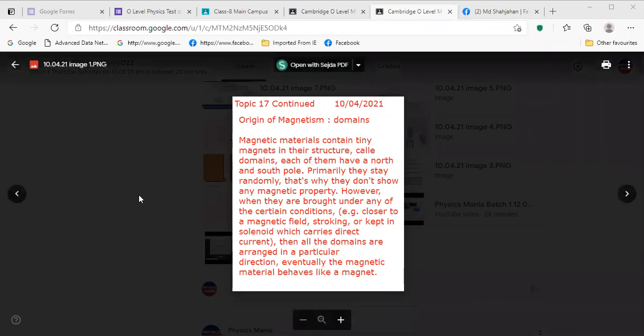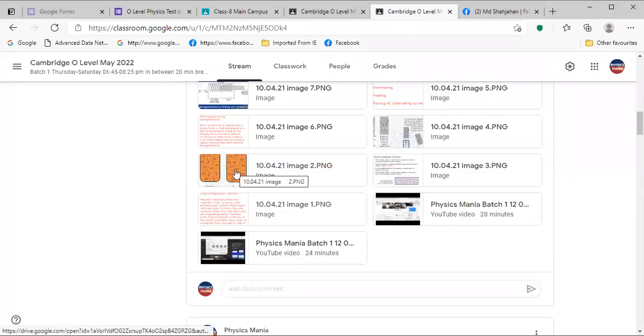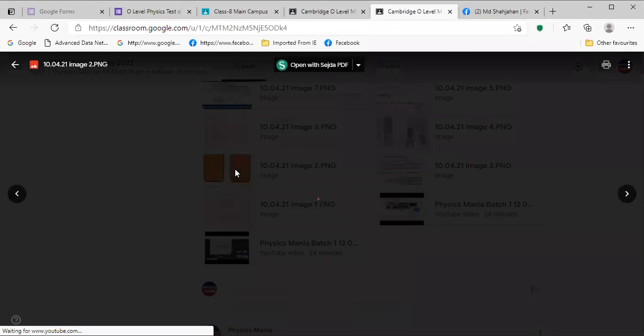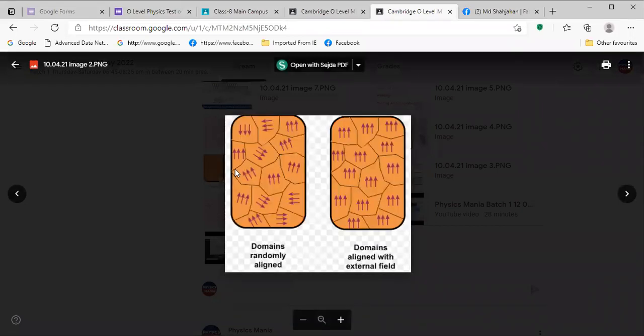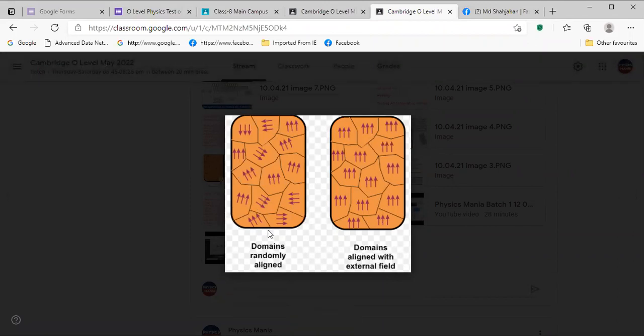Okay, that diagram we are showing here, we have domains randomly aligned in magnetic materials, and here are domains aligned with an external field.